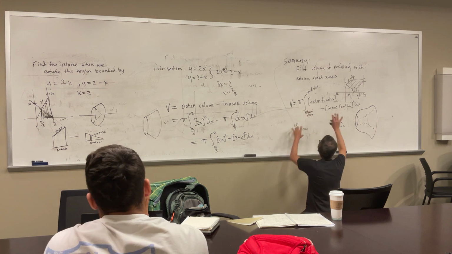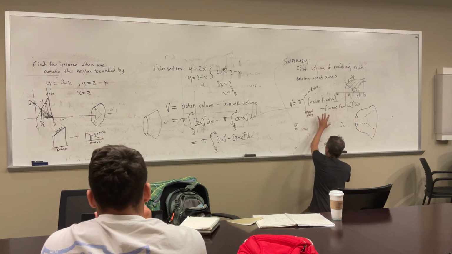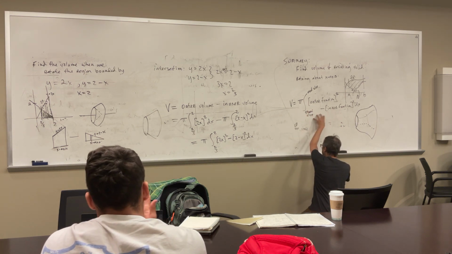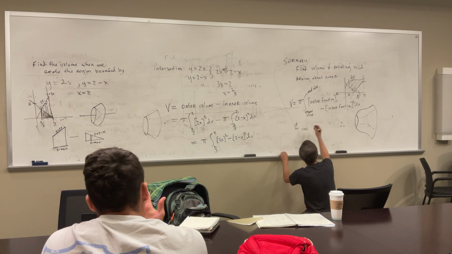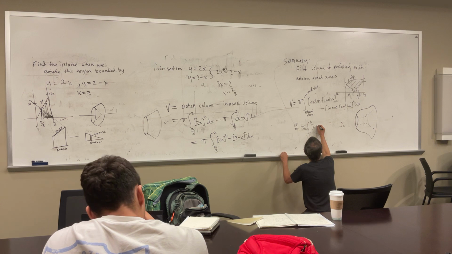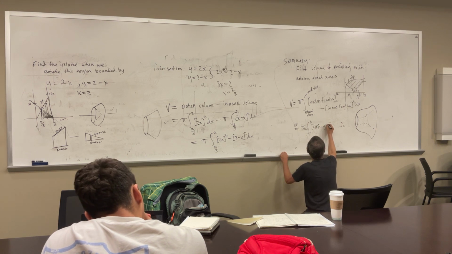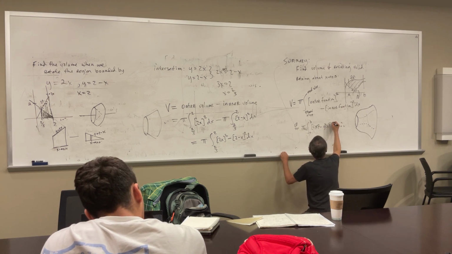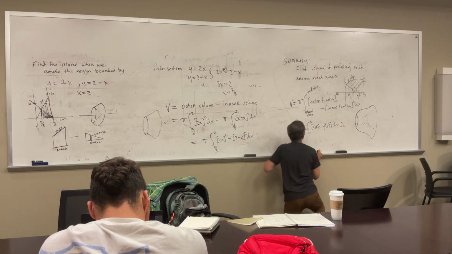I like this because this is the intuitive understanding you're going to want when you set these things up. Or, pi integral a to b of f of x squared minus g of x squared dx.